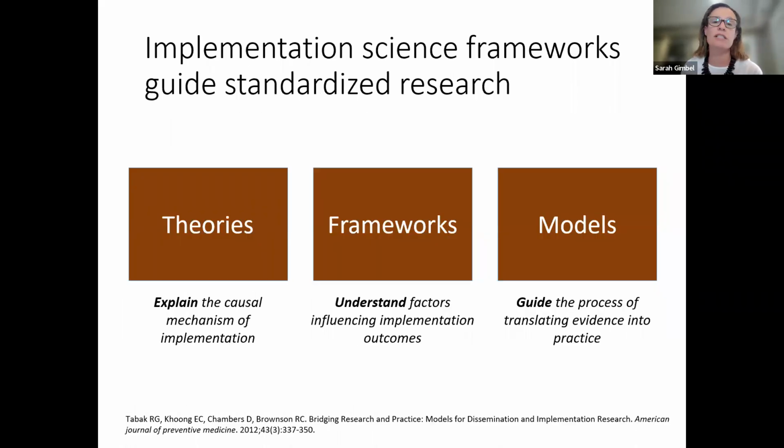So implementation science frameworks help guide standardized research. And in general, we consider theories, frameworks, and models as those types of frameworks that we use. Theories help explain the causal mechanisms of implementation. Frameworks help us understand factors that influence implementation outcomes, and models guide the process of translating evidence into practice.